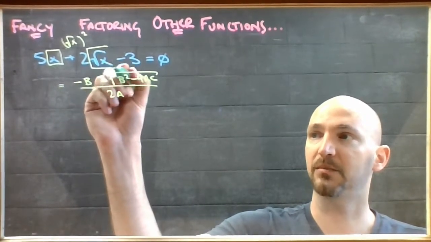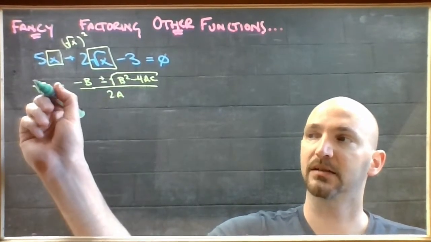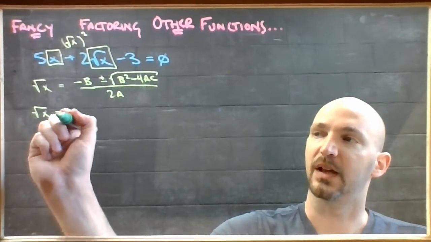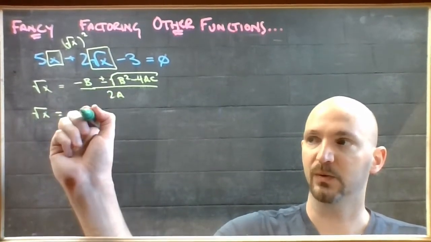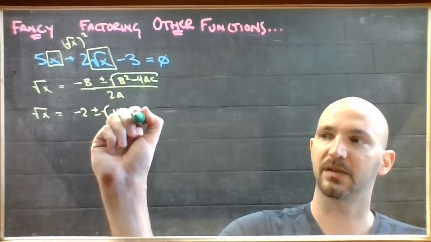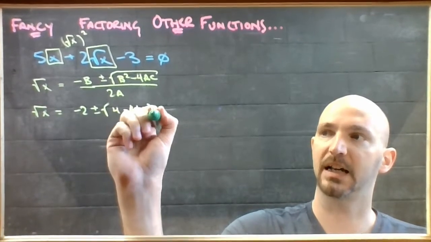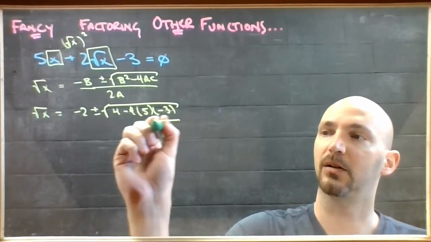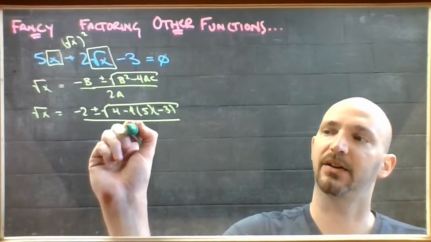And the busy part of this function is a root x. So filling in the coefficients, root x would be negative 2 plus or minus the square root of 2 squared, which is 4, minus 4 times the a value of 5 and a c value of negative 3, all divided by twice the a value, which was 5.